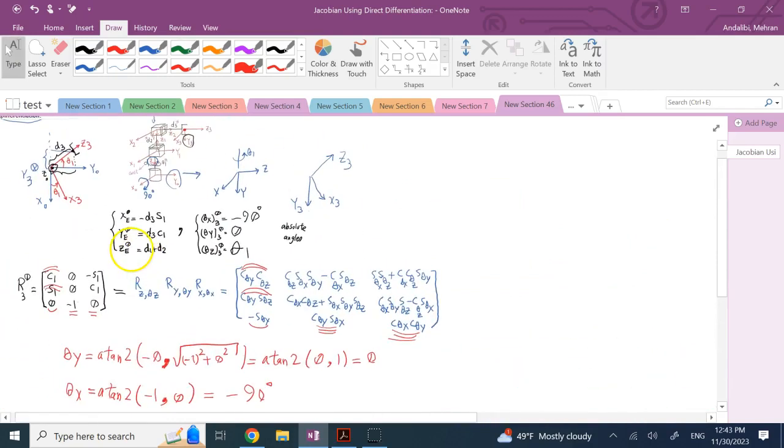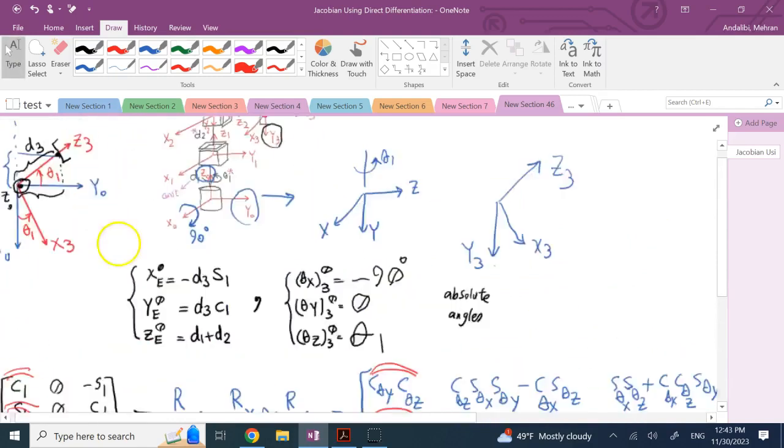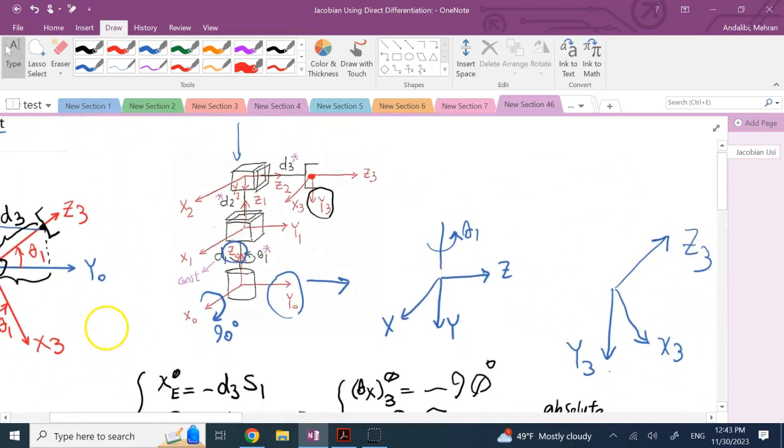And d3 of 0 means what? If I go back to the robot, if d3 is 0, it means this point here will come right on top of the origin of frame 0. And in this case, if I want my robot to be there, all I need is to set d2 to a specific distance and set d3 to 0.